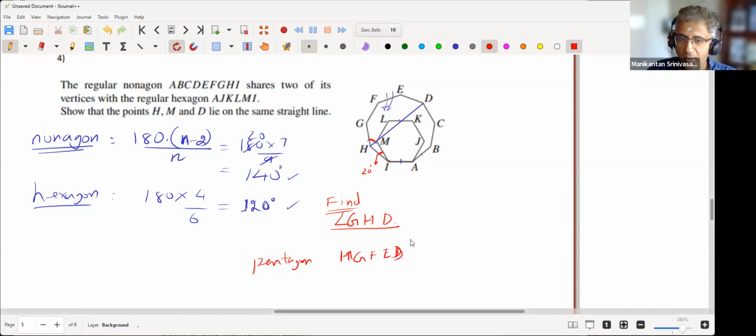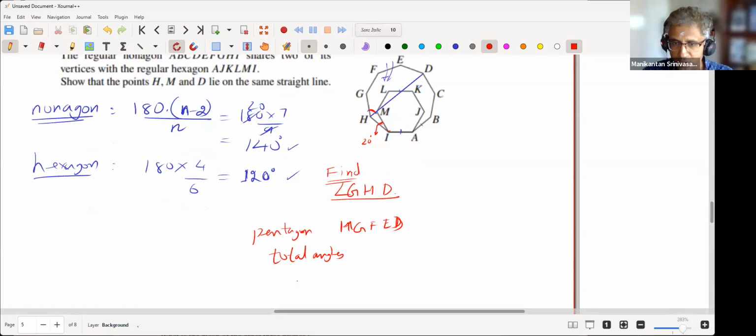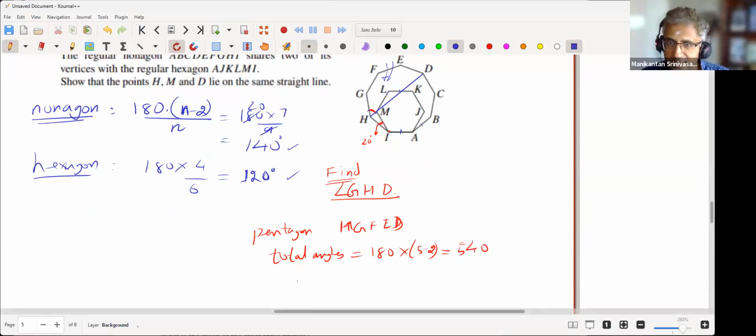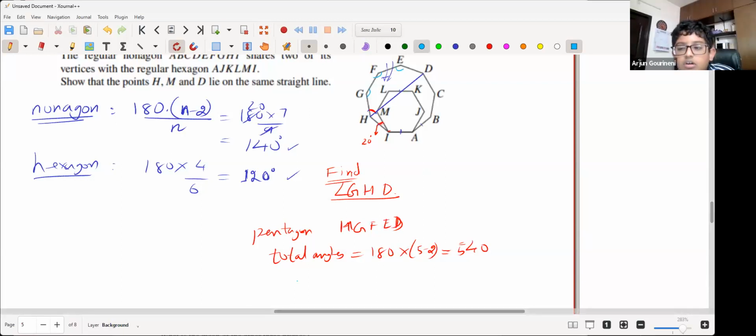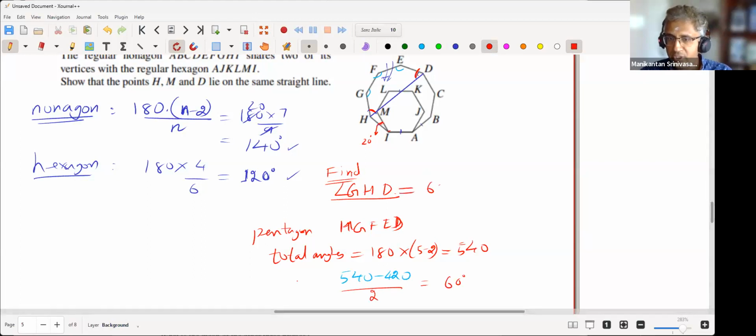For this pentagon, the total angle is 180 into n minus 2, which is 180 into 5 minus 2, which is 540. But in this 540, there are these three angles, he says, which are 140, 140, 140. So 420 is gone. And the remaining two, by symmetry, he's observing that this angle is the same as this angle. These two red angles are the same. So it's 540 minus 420 divided by 2, which is 120 by 2, which is 60. So he's inferring that angle GHD is 60.